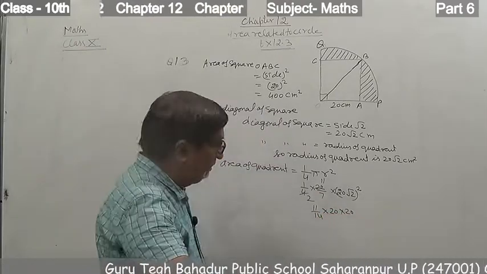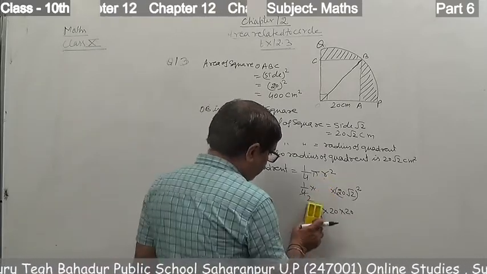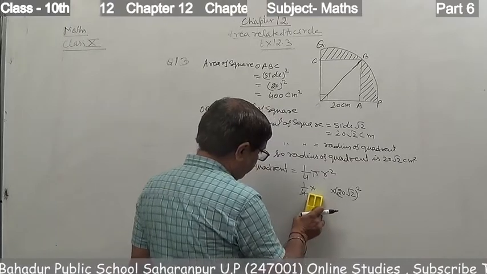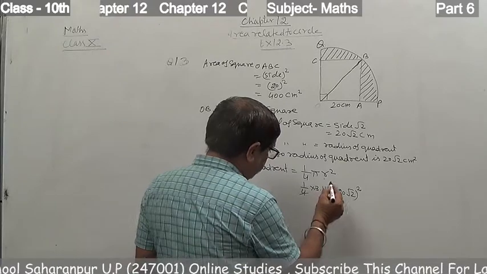Here you will put the value of pi is 3.14, that is 3.14.